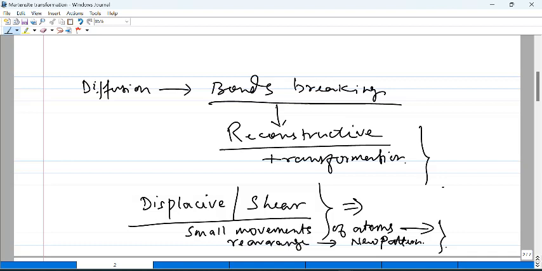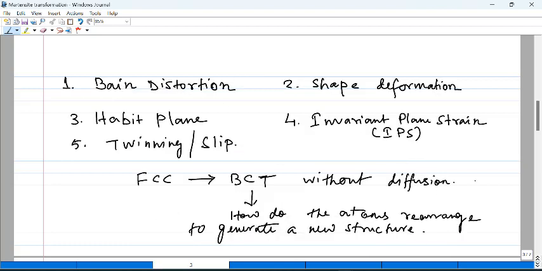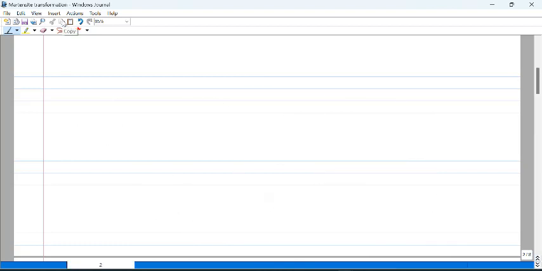Okay. What I mean by that, you can see it from this schematic. If I draw it here, let's say this is my parent lattice with a certain arrangement of the atoms like this.